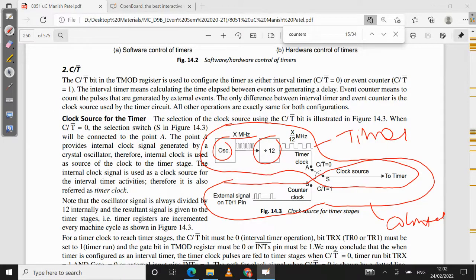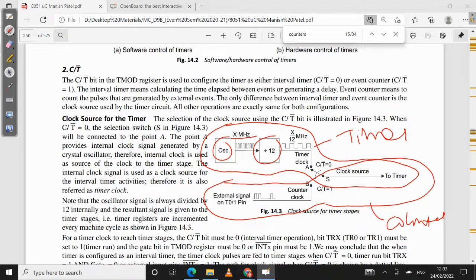If you remember, while explaining the pin configuration of 8051, I explained XTAL 1, that is crystal 1, and XTAL 2, that is crystal 2. These are the two pins. At these two pins you are connecting the oscillator frequency. So this oscillator frequency is divided by 12, and whatever you get as the output is utilized as a clock pulse to carry out the operations of 8051.